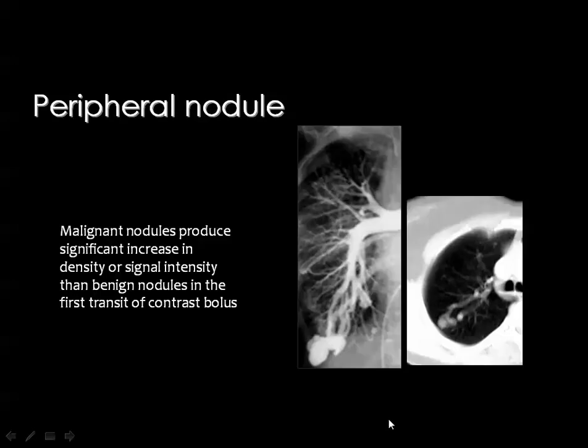One of the important differential diagnoses for a bronchogenic carcinoma is the pulmonary arteriovenous malformation. Actually, the difference is usually clearly seen on imaging, but sometimes you cannot elicit the findings to support your diagnosis as a pulmonary arteriovenous malformation.